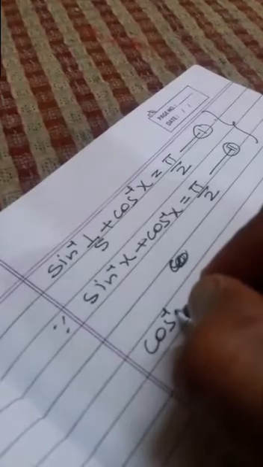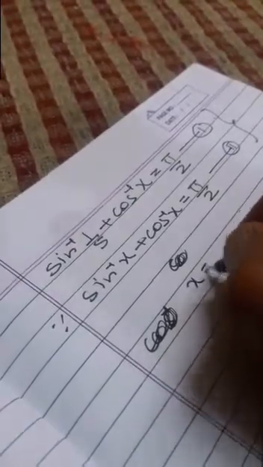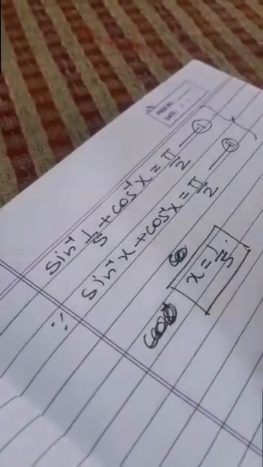Okay, now since sin inverse x plus cos inverse x is equal to pi by 2, so we can write, now on comparing these two, x should be 1 by 5 on comparing.